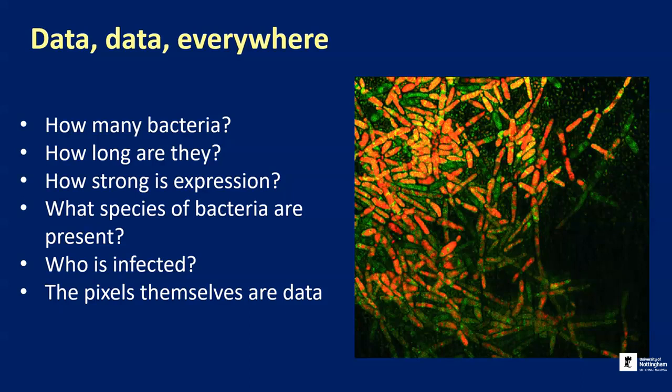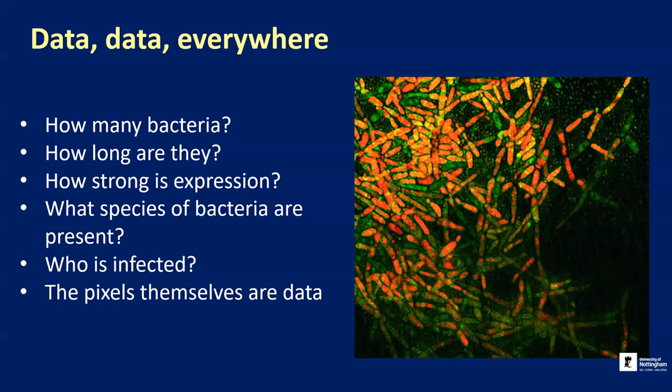And from this image, we can actually extract all kinds of different types of data. So we could simply count how many bacteria are present. It might take you a while, but there are lots of bacteria there. We could look at each individual bacterium and ask something about that bacterium. We could measure how long the bacterium is, so that would be another type of data we could extract here.